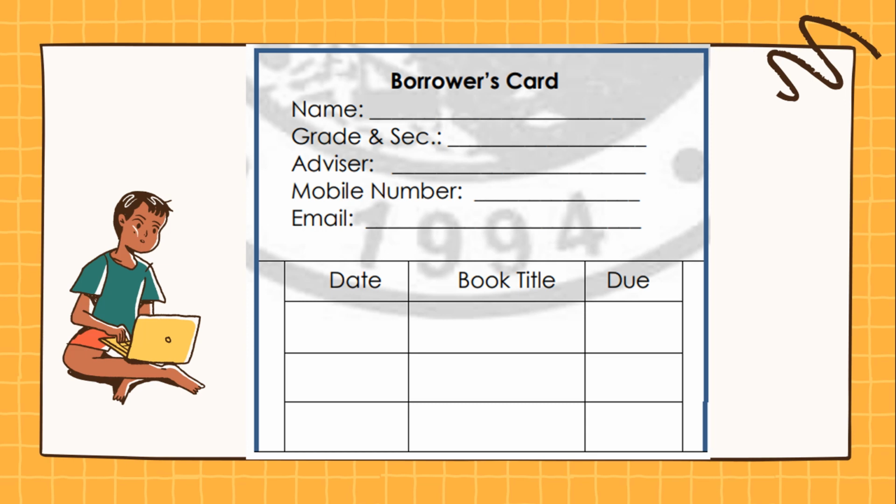Let's say, for example, English, reading in English, or let's say, for example, pagbasa. And then the due, when are you going to use the book? Due, okay? The date, the book title, and then the due.